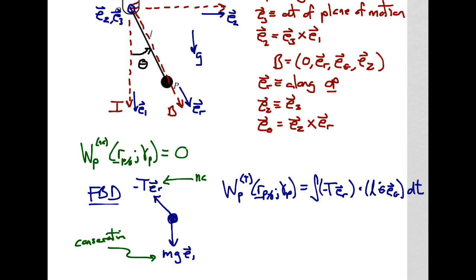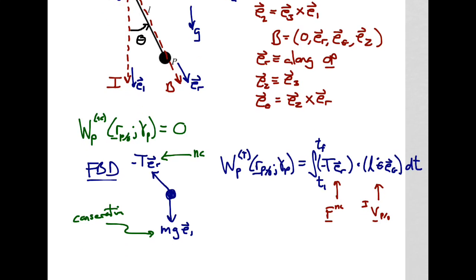So this is the definite form of this integral, integrating from some T1 to TF, where the force is the non-conservative force, and this is the velocity of P with respect to O observed in the inertial reference frame.